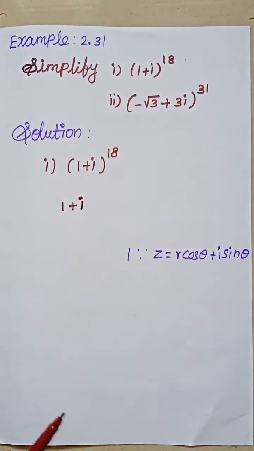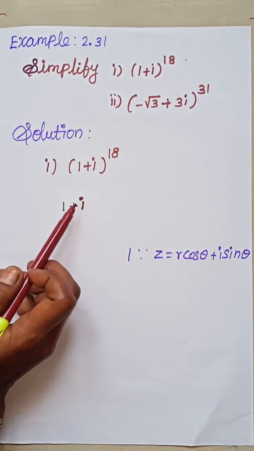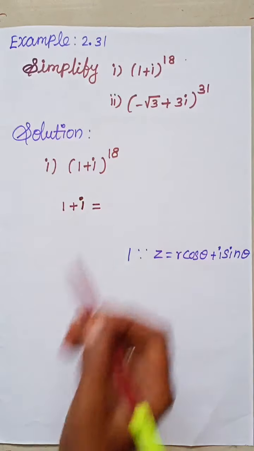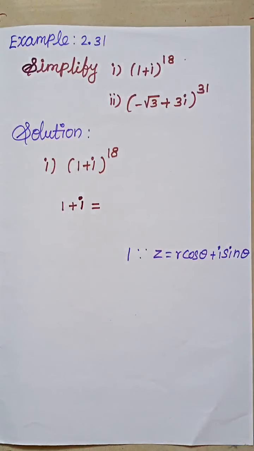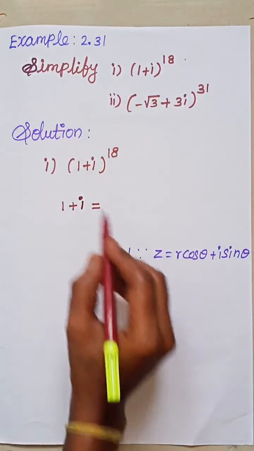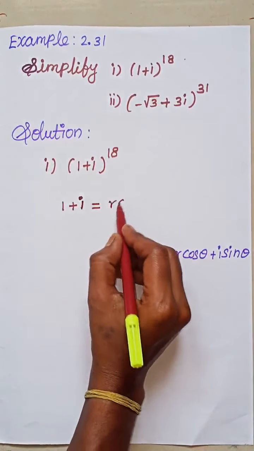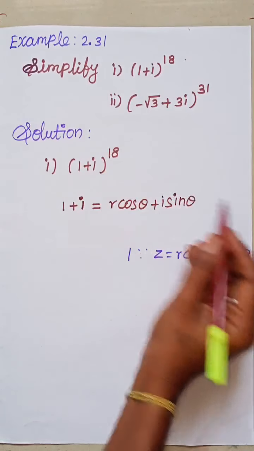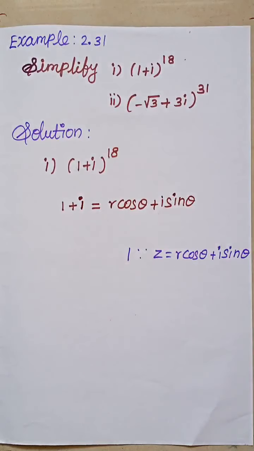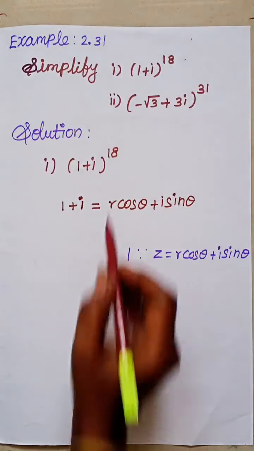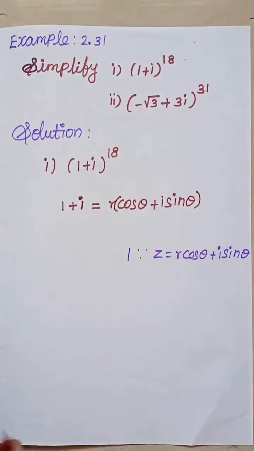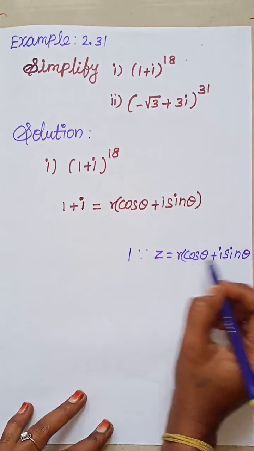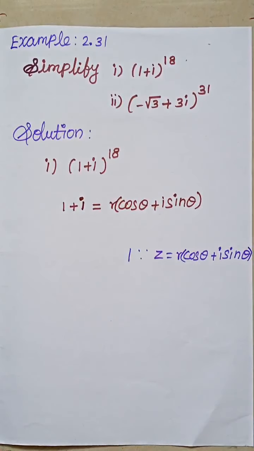So write the given question in polar form: 1 plus i is equal to r into (cos theta plus i sin theta).